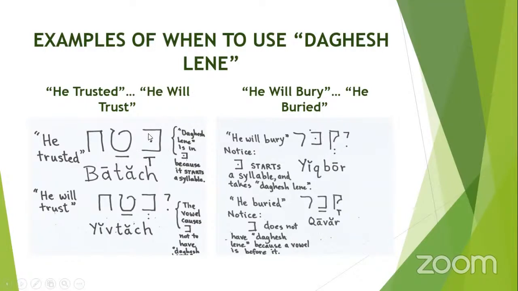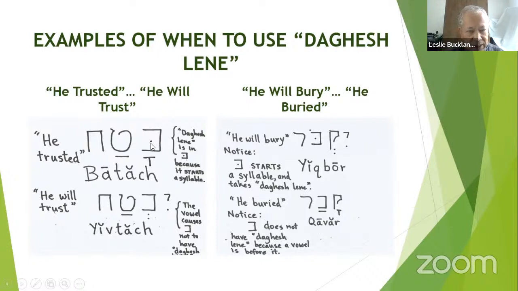BA is the first syllable, and B is the first letter in the word, and this therefore is starting the syllable at the beginning of a word. It must also start a syllable in the middle of a word in order for it to have Dagesh Lene. And here is the syllable that is in this word, B-O-R, and Beth starts that last syllable of this verb.